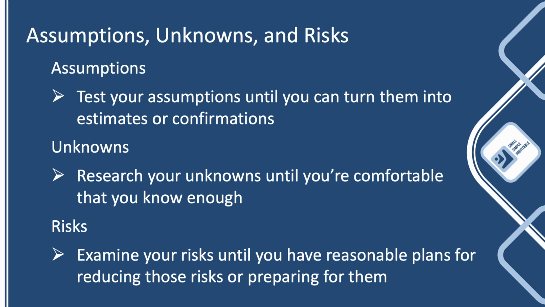Risks are areas of your business idea where problems could arise or disasters could hit. Your goal with risks is to examine them until you have reasonable plans for reducing those risks or at least preparing for them. As I'm sure you're aware, there are no guarantees when you're starting a new business. There will always be assumptions, unknowns, and risks.